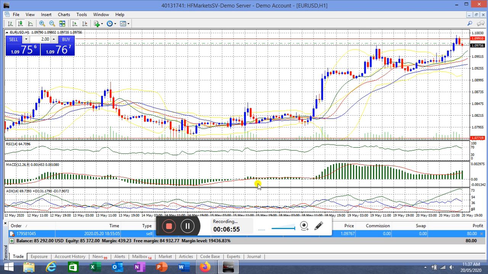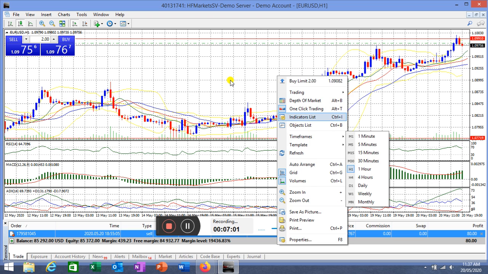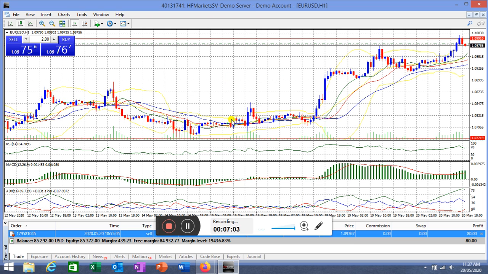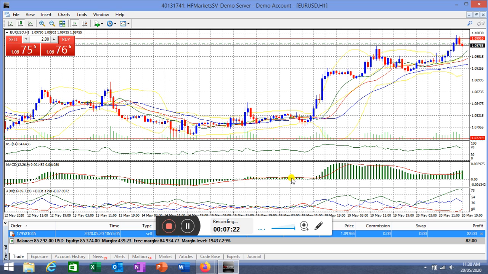For example, when you look at the 1 hour chart, you saw that the candlesticks are very compressed, so you know that there's going to be a breakout, right? Same thing as here. Once it's tightly packed together, you know there's a breakout. When you check the MACD line and it's running along here, you know that there's going to be a breakout.